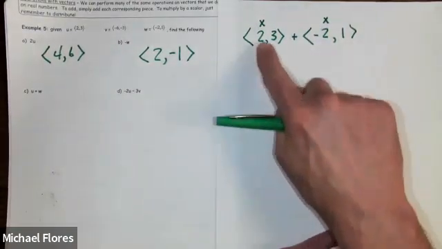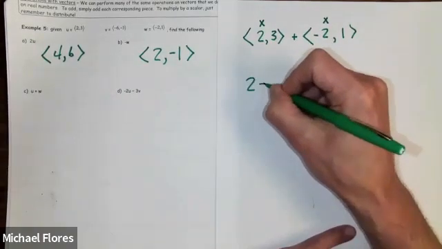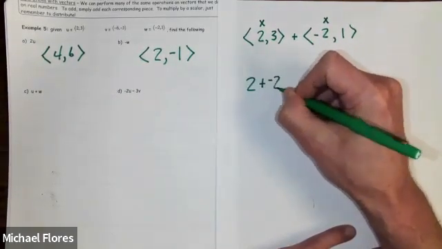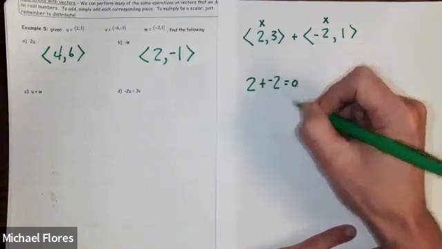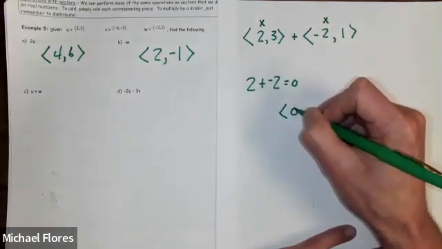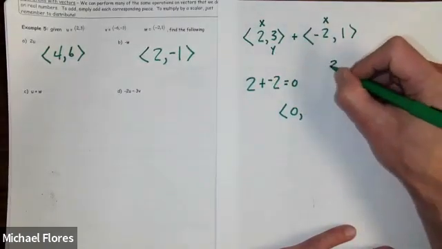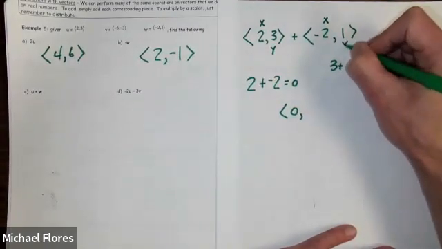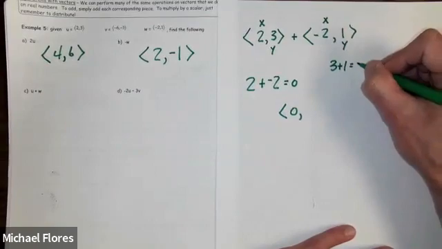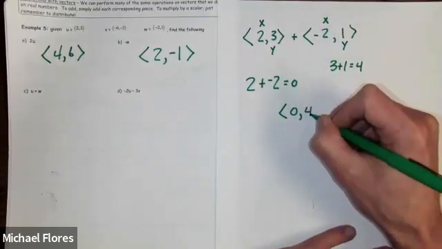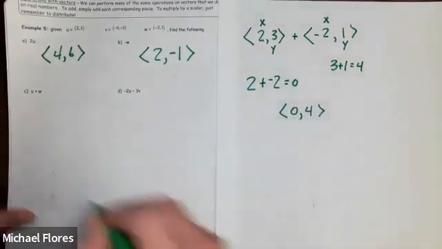So we're going to take 2, add it to our other x value, negative 2, which will give us 0. Take y value 3, add it to the other y value 1. 0, comma 4.